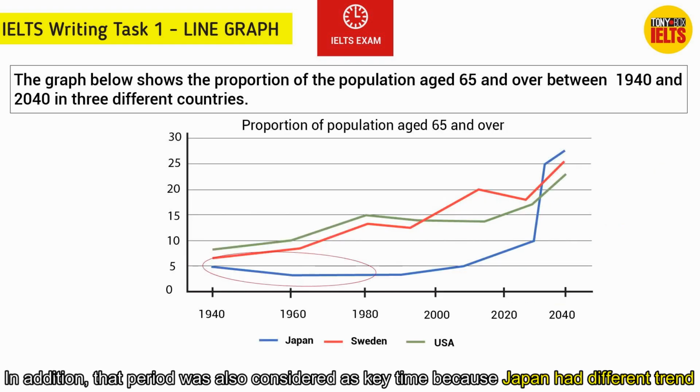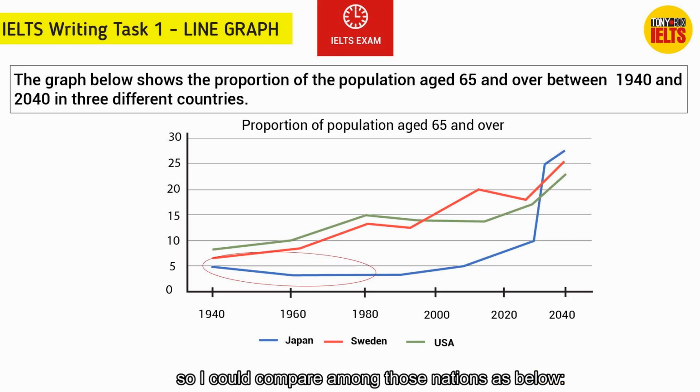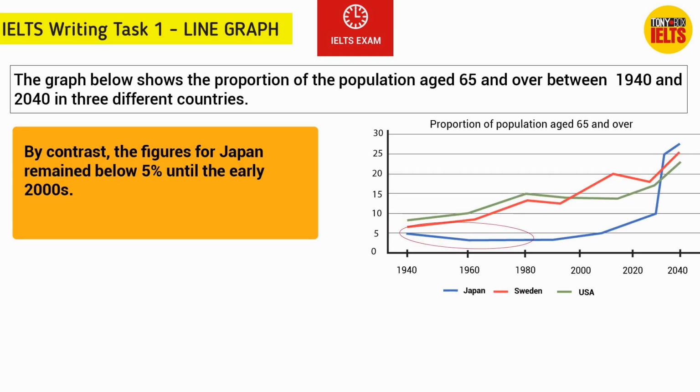In addition, that period was also considered a key time because Japan had a different trend, so I could compare among those nations as below. "By contrast, the figures for Japan remained below 5% until the early 2000s." That's the end of the third paragraph.